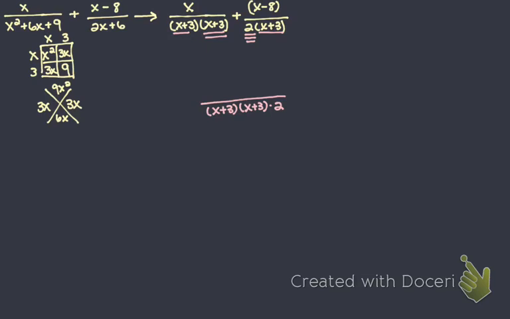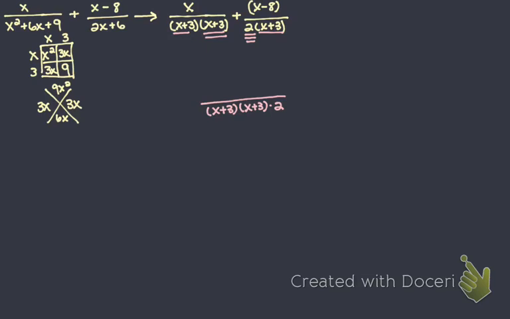The next step in this process needs to be getting my denominators to be the same, or getting them to be that common denominator. So if I look at the first rational expression, it has x plus 3 times x plus 3. So what it's missing from my common denominator is the 2. So I need to multiply by what it's missing. The problem is I can't change the value. So if I multiply the denominator by 2, I need to also multiply the numerator by 2, really multiplying by a giant 1 and not changing its value at all.